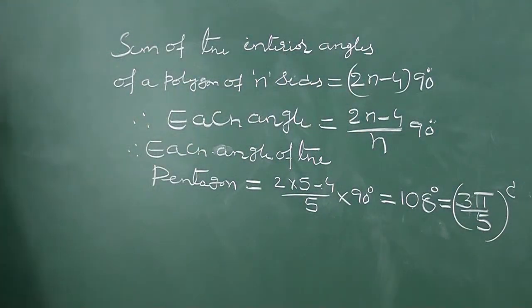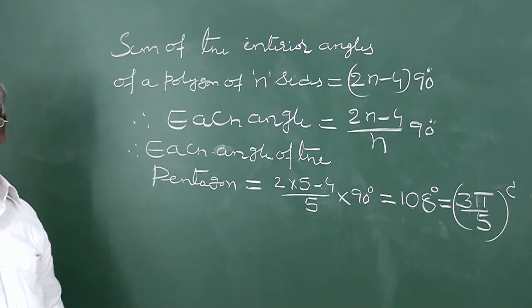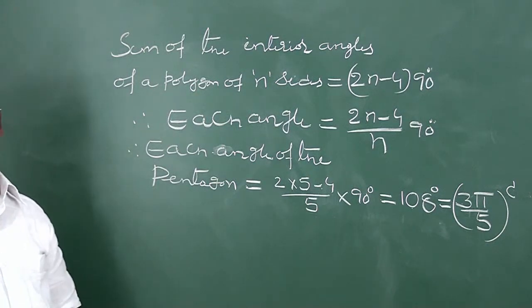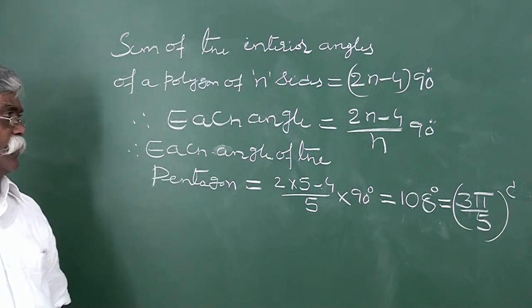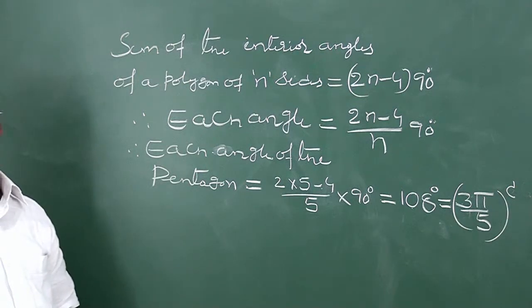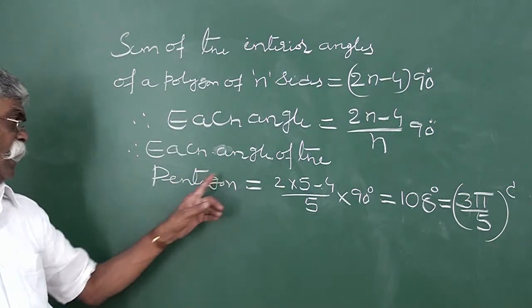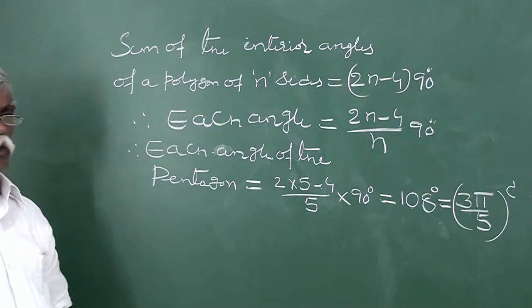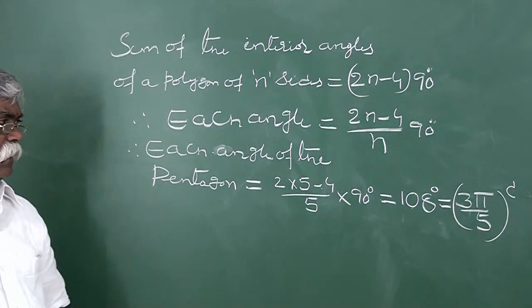So therefore the sum of the interior angles of a polygon is equal to 2n minus 4 right angles, means 2n minus 4 into 90 degrees. Hence each angle is equal to 2n minus 4 by n into 90 degrees, and each angle of the pentagon is equal to 2 into 5 minus 4 by 5 into 90.